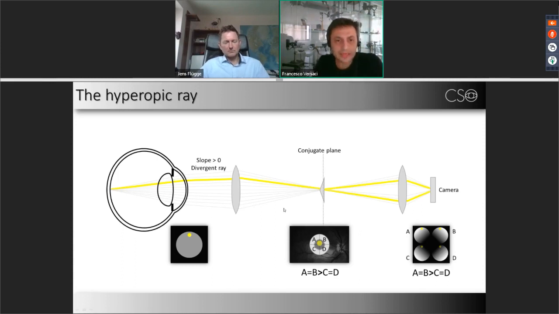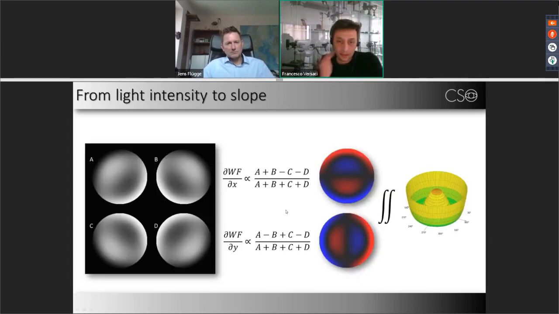So it looks like we found a way to correlate the amount of light in each point of the subpupils to the slope of the wavefront.